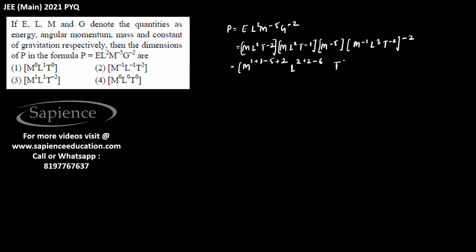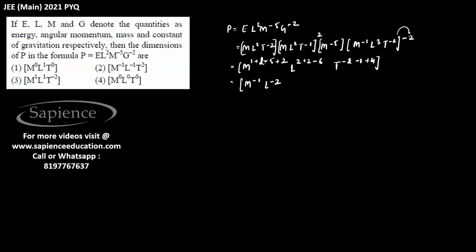In the case of t, the power will finally become minus 2 minus 1, and this will become minus 1, plus 2 into 2 is 4. So these will be the values. So m will yield minus 1 and L will yield minus 2. This is L squared.